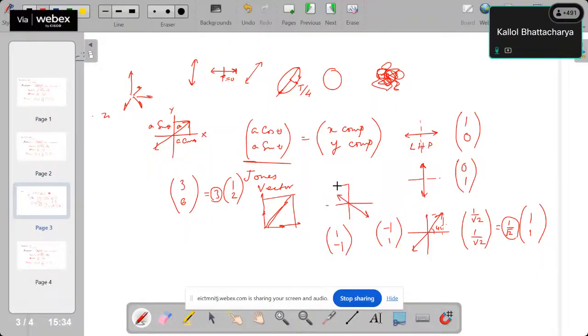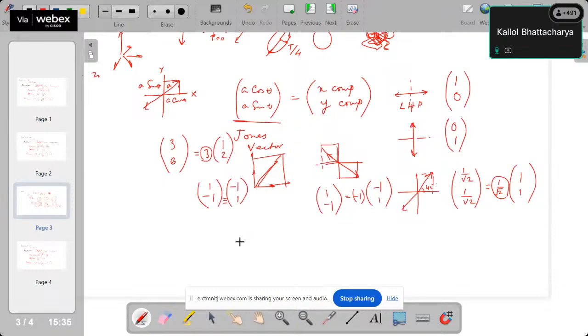If you consider this side, here the x component is negative, the y component is positive. On this side, the x component is positive and the y component is negative, but they are representing the same state of polarization. Therefore, if you just take out minus 1 from here, then you're left with 1, 1. So 1, minus 1 and minus 1, 1 represent the same state of polarization. Okay, they are equivalent.